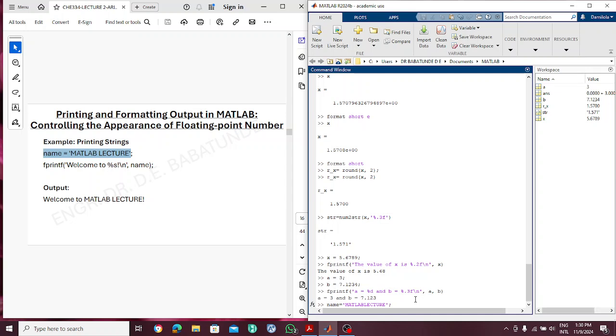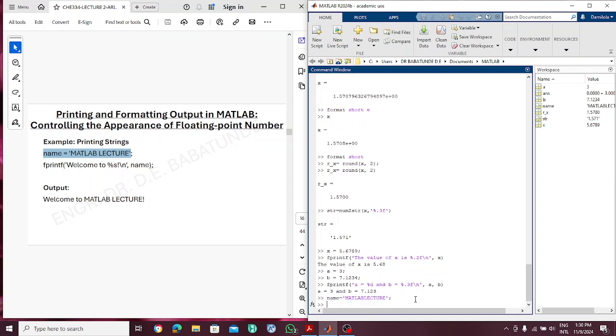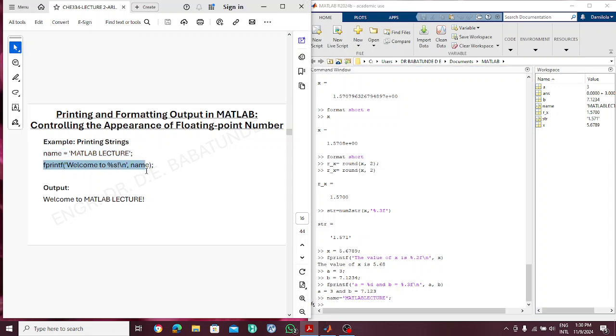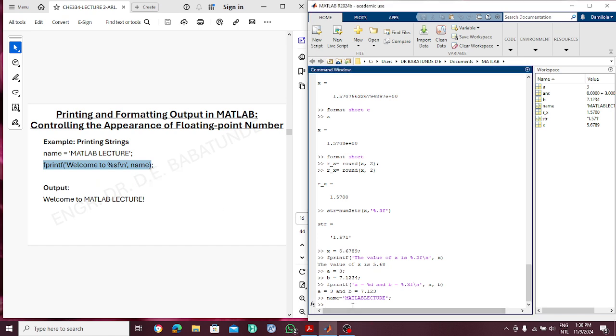Okay, so we have that. So let's print that using fprintf. With fprintf, we want to say welcome to MATLAB lecture with exclamation mark.